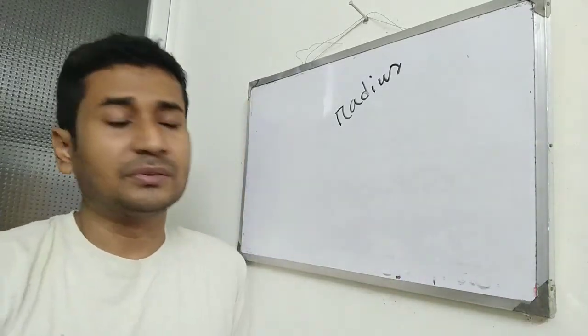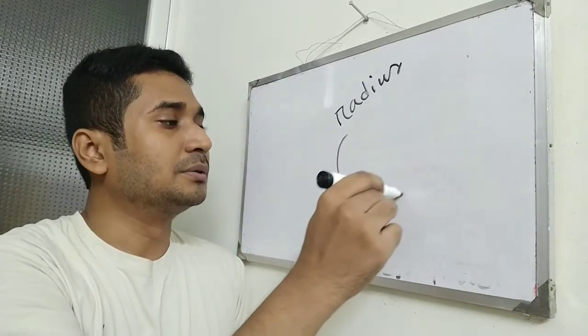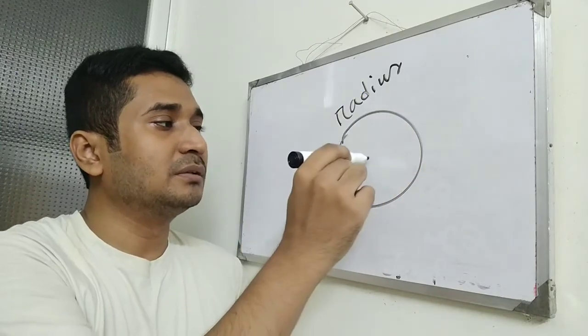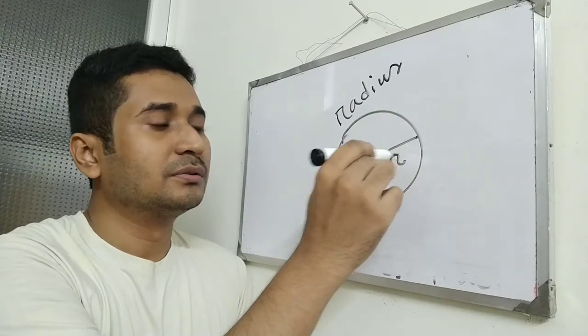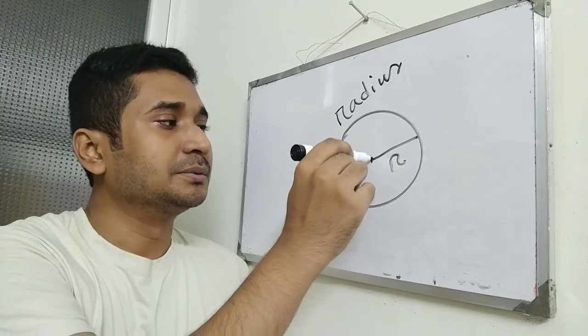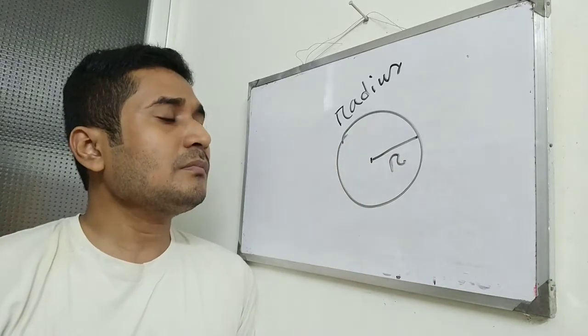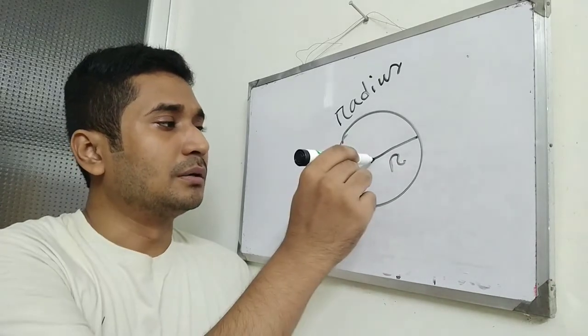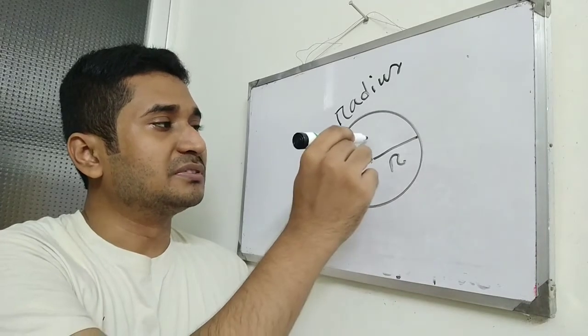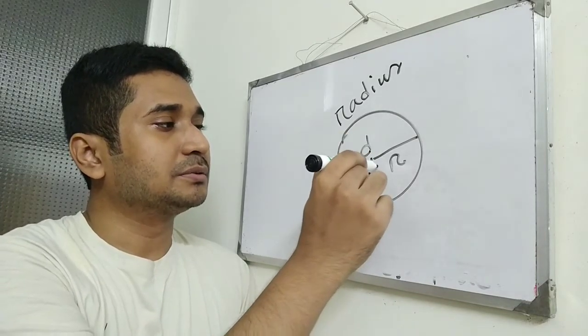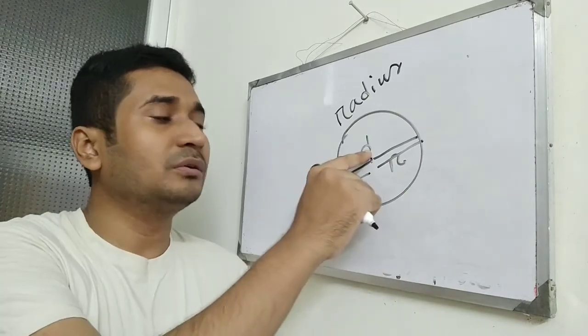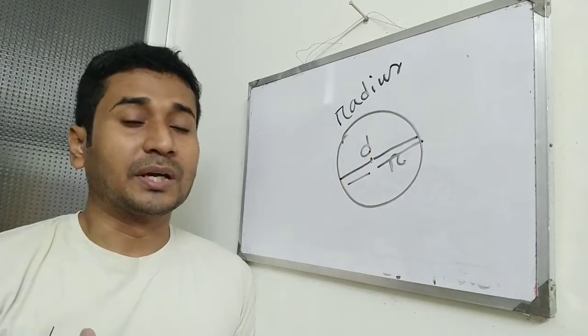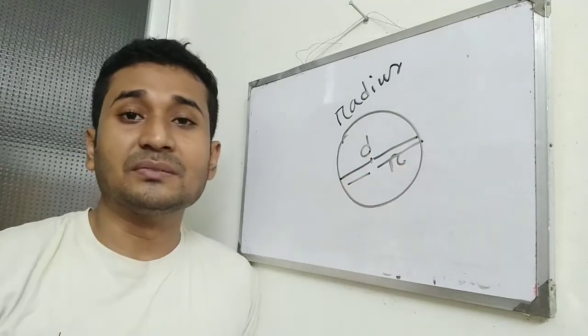You know about the radius, right? In a circle, this is called the radius. From the center it is started, and this is called the diameter. D is for diameter, and R means radius.